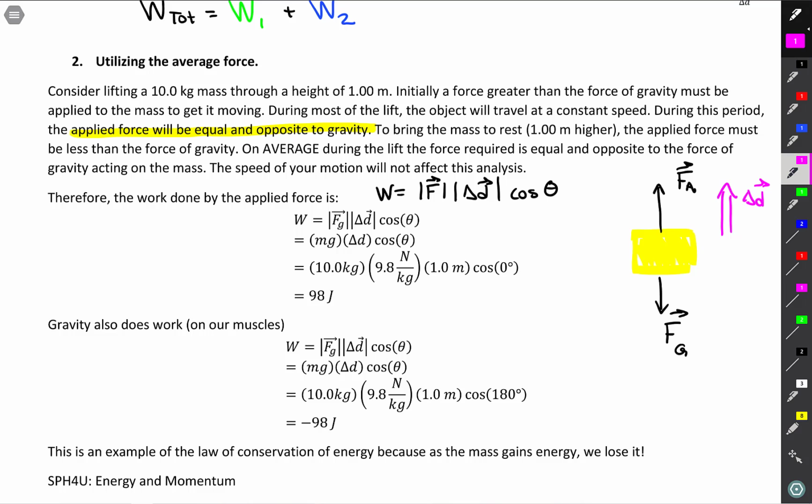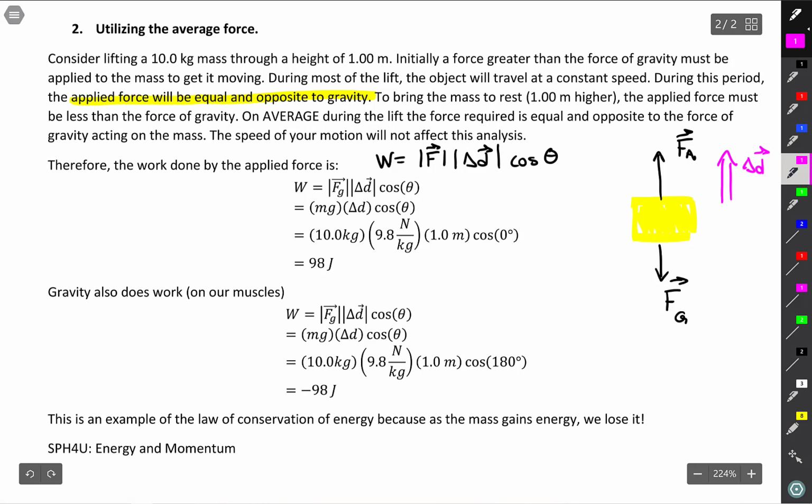Okay, so let's think about gravity then. How much work does gravity do on our muscles? Well, in this situation, gravity is pulling downwards and the displacement is acting upwards, which means the angle between these two vectors is 180 degrees. So the calculation is the exact same, except that the angle goes from 0 degrees to 180 degrees.